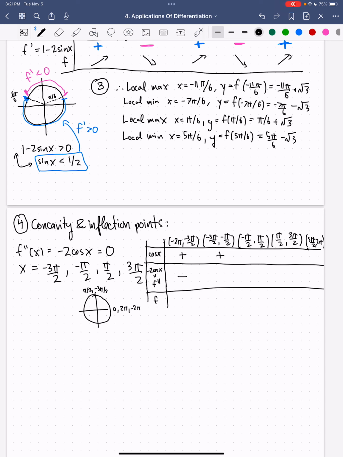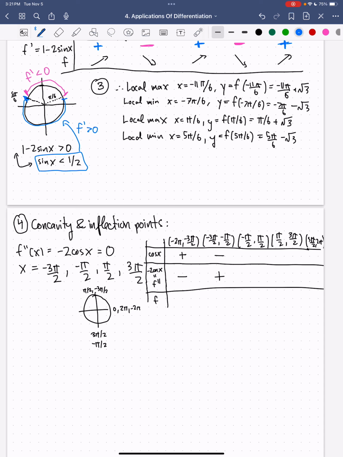So negative 3 pi over 2 to negative pi over 2. So down here we've got 3 pi over 2 and negative pi over 2. This is where cosine is negative, and so our second derivative is positive. Then we've got negative pi over 2 to pi over 2.